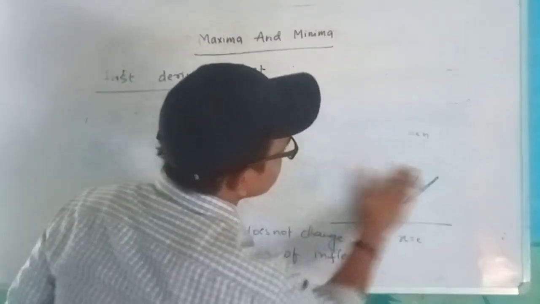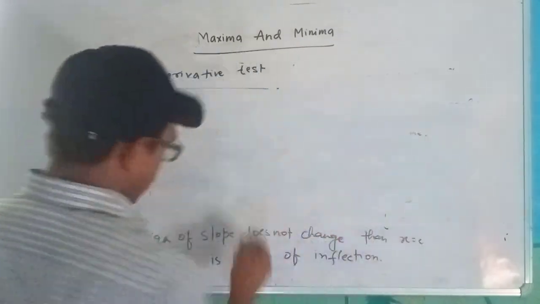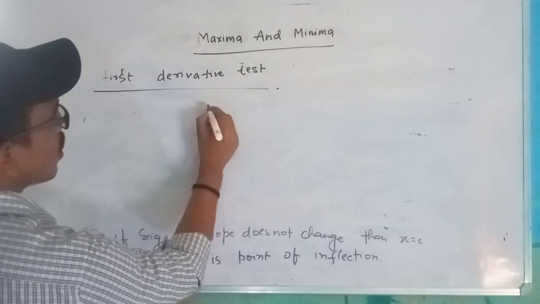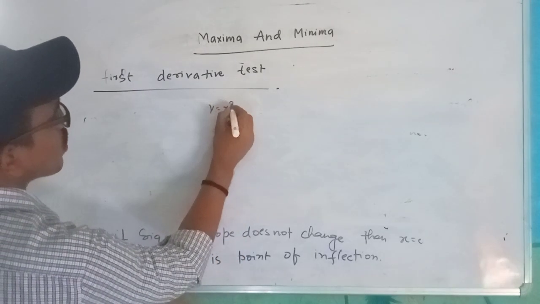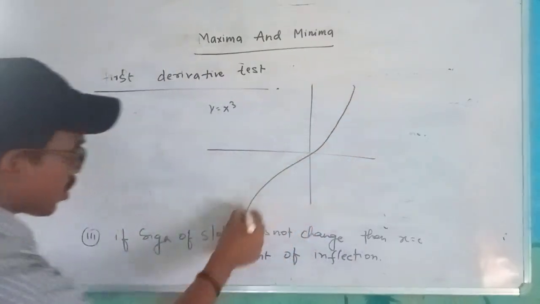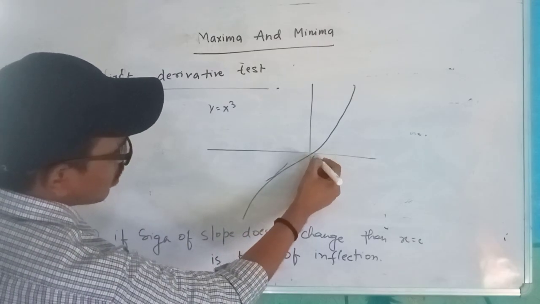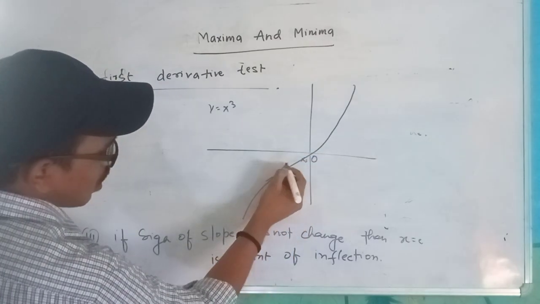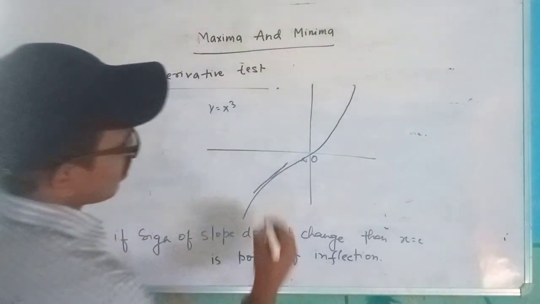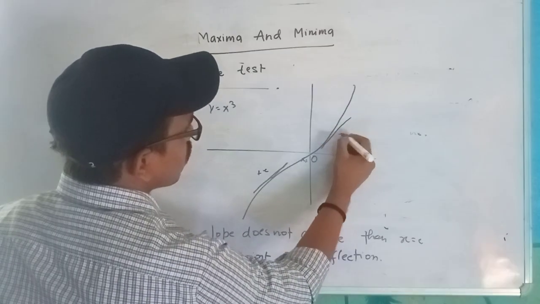So a point of inflection is a point where, while passing through it, no sign change occurs. Let's suppose y is equal to x cube. The graph of this looks something like this. Here also the slope, at point x is equal to 0, at the origin: before the origin the slope of the graph is positive, and after the origin the slope is also positive.